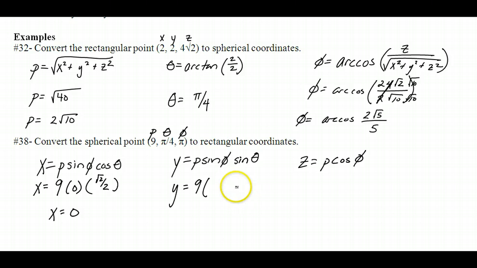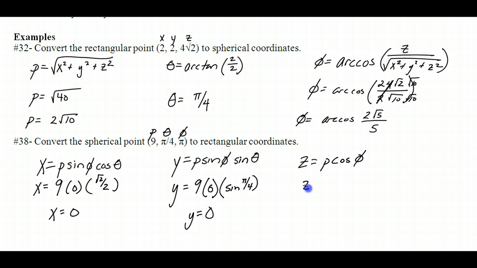That should still be 0. I had a brain lapse there. I thought I was evaluating pi over 4 for a second. I'm not really sure what was going on with me. But obviously, if this sine phi is equal to 0, that sine phi is still going to equal 0. And then I don't really care about the sine of pi over 4. That's meaningless. I know that y, no matter what, is going to equal 0 there.